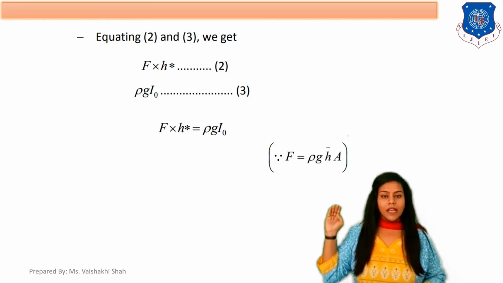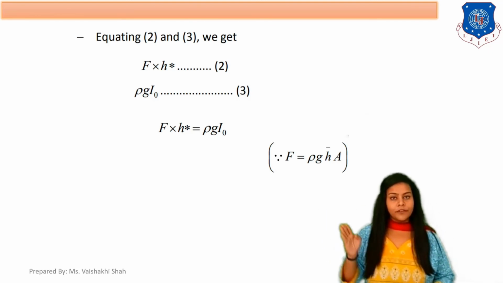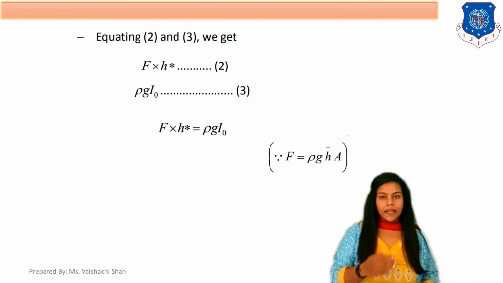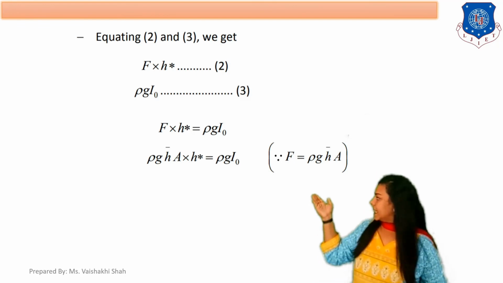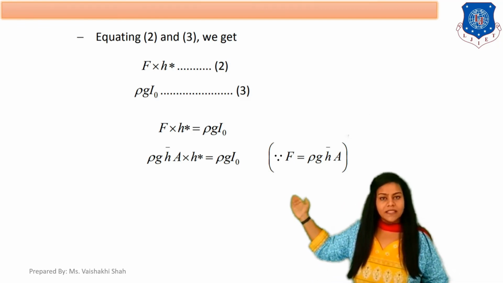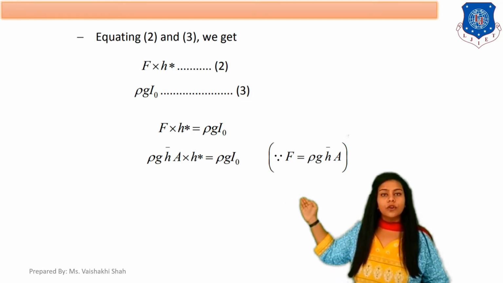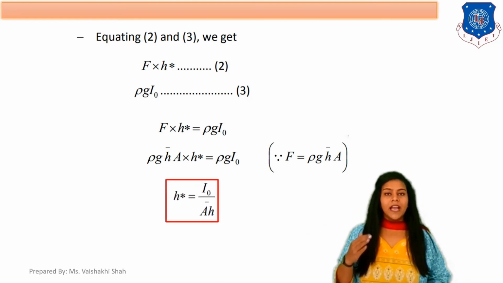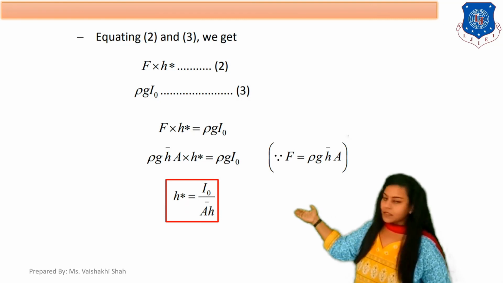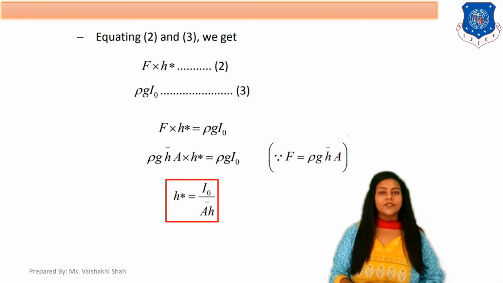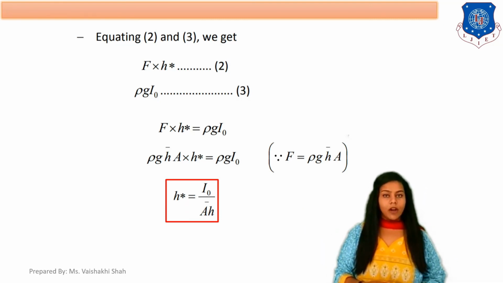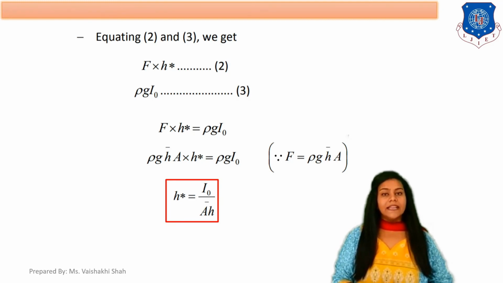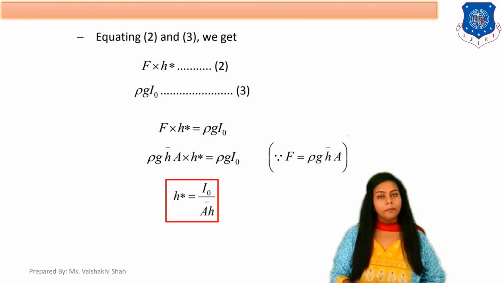We know the equation for F: rho g h bar into A. So rho g h bar into A into H star equals rho g I0. By simplifying this equation and making H star the subject, you get H star equals I0 upon A h bar.